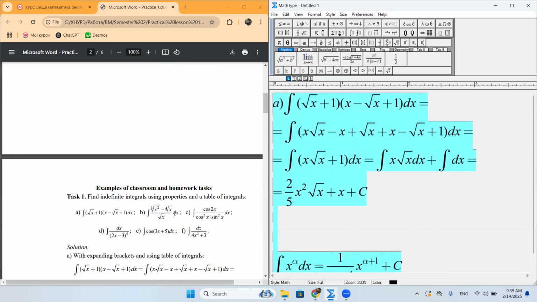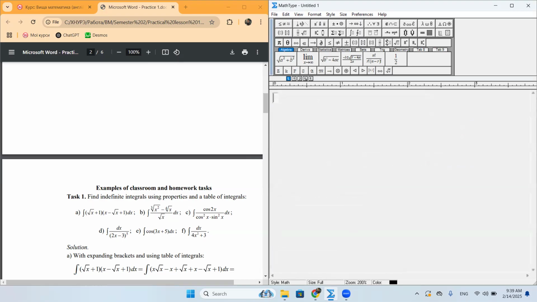Let's skip B because it's actually the same. So analogically, you need to divide this fraction, so divide these roots by square root of x and then integrate like power functions. But integral c is much more interesting.